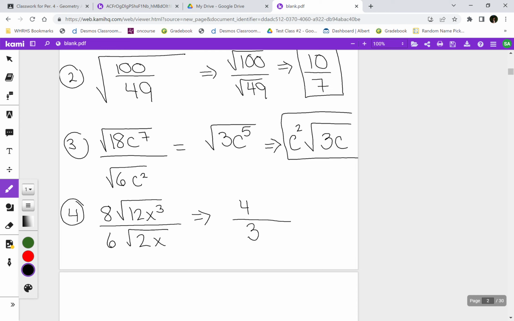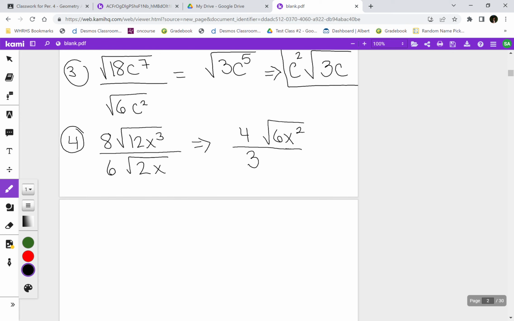And then 12x to the 3rd divided by 2x is going to give us the root of 6x to the 2nd. Is that my final answer? No, why not? Good. X to the second is a perfect square, right? Square root of x to the second is x. So we are 4x root 6 all over 3.